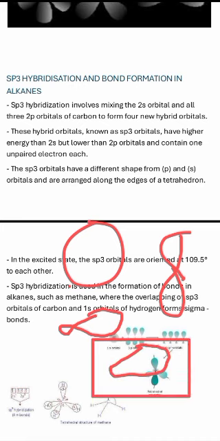Because this lobe is somehow negligible, you just make it like this. And so this is the sp3 orbital. This is its shape. It has a different shape than the s orbital and the p orbital.